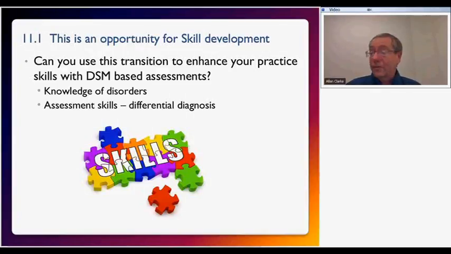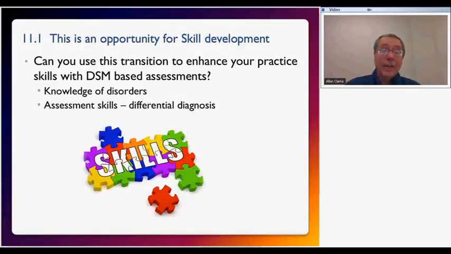One is knowledge of the disorders. The DSM-5, and each edition that's come out, represents a snapshot of our knowledge of the disorders at that point in time. A lot of it is written down within the DSM book itself or in relevant literature.